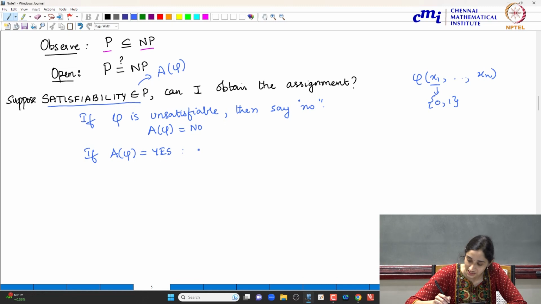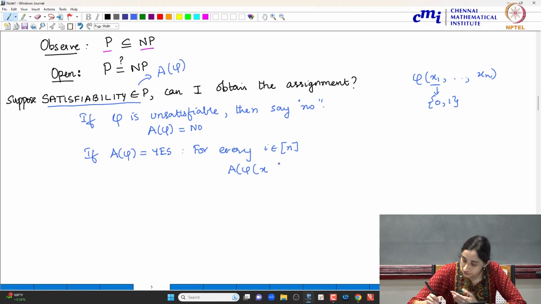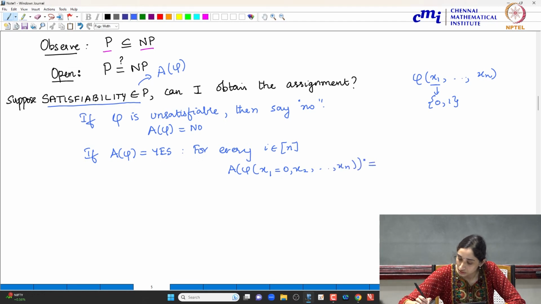So for every i in 1 to n, I'll ask A of phi by setting, let's start with x1 equal to 0. Is this satisfiable?